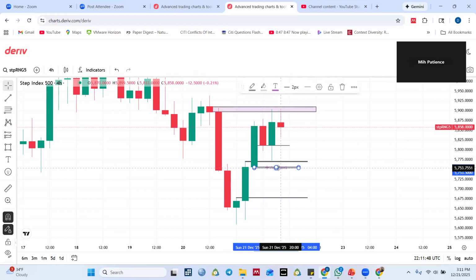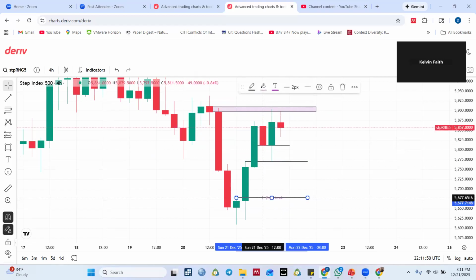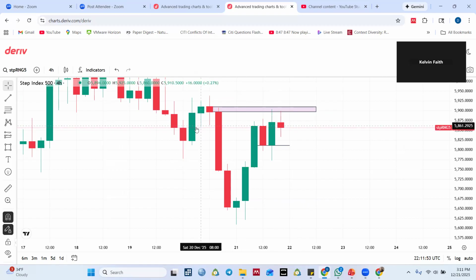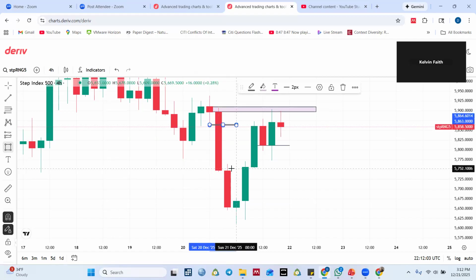At the same time that price utilized this fair value gap, on the bearish side, look at these candles, 1, 2, 3, the red candles. The low of the doji candle and the high of the last bearish candle, there is a space here.